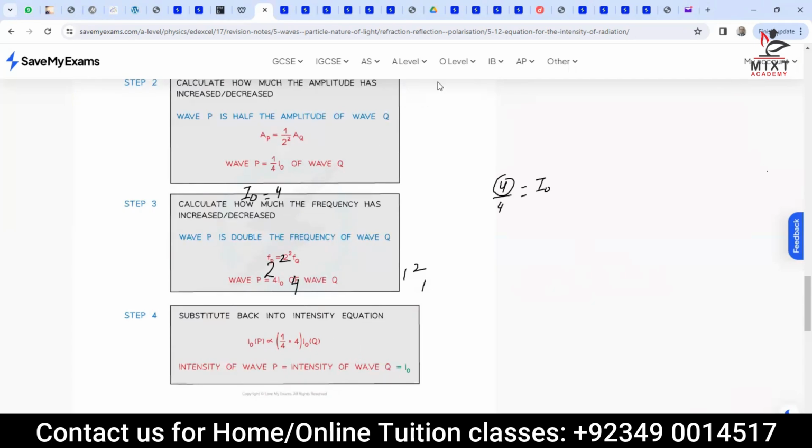Why? Now check this out, very interesting. Technically speaking, the formula is like this: intensity is directly proportional to A square, and intensity is directly proportional to F square. What about these two, amplitude and frequency? What will be the relationship?